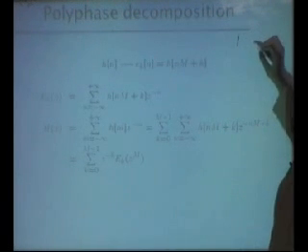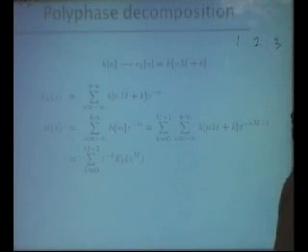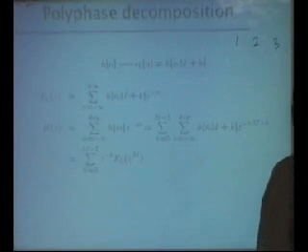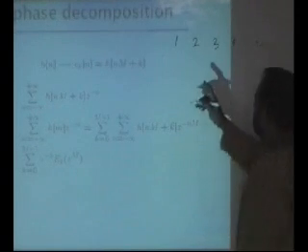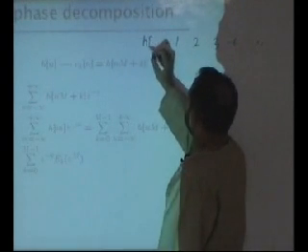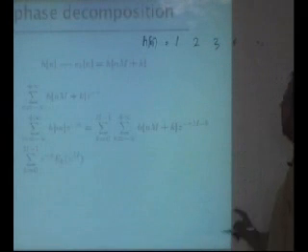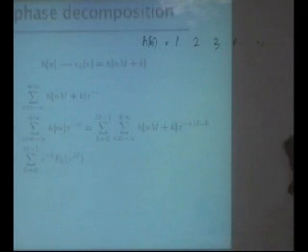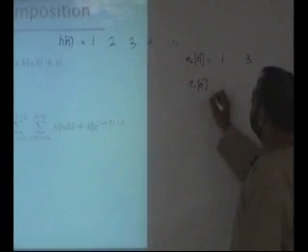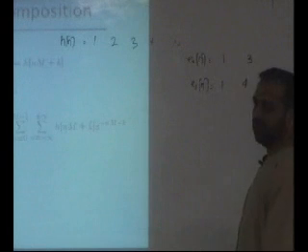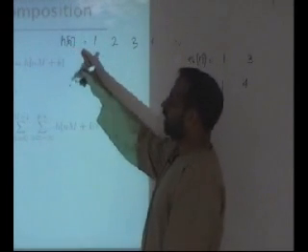Let's say I have 1, 2, 3, 4 as the coefficients, and this is my h of n. If this is my h of n, what is my E0 of n? 1 and 3. What is my E1 of n? 2 and 4.